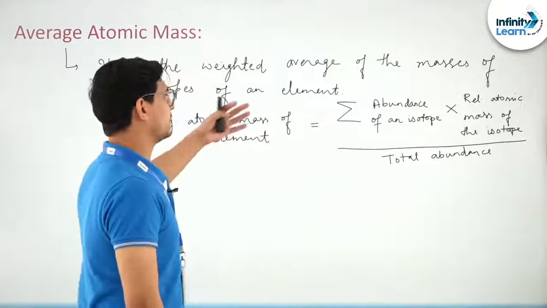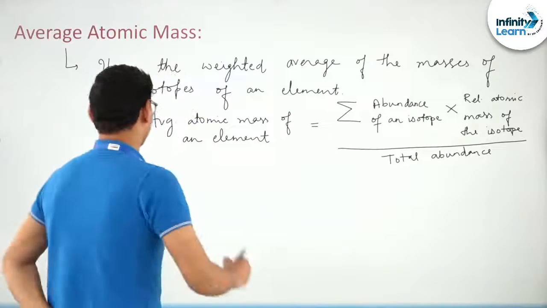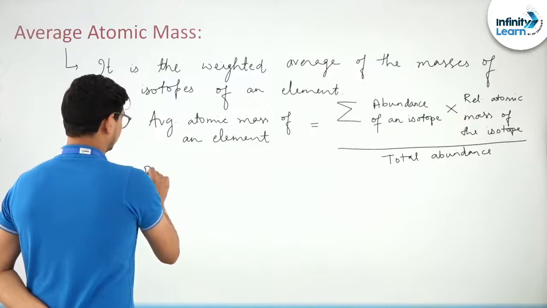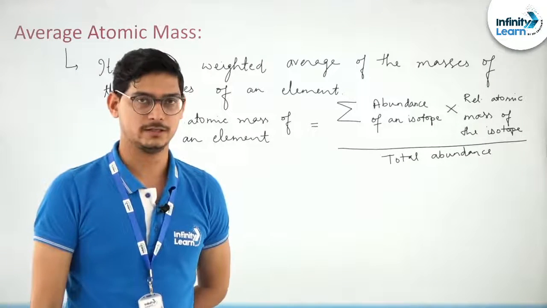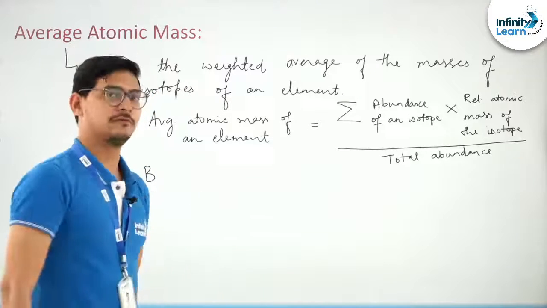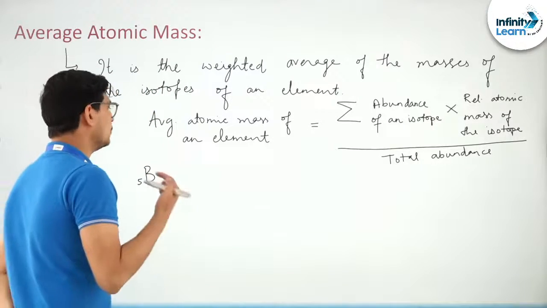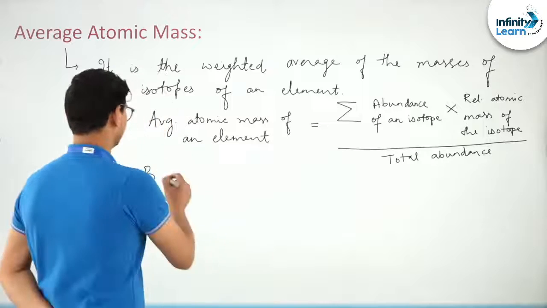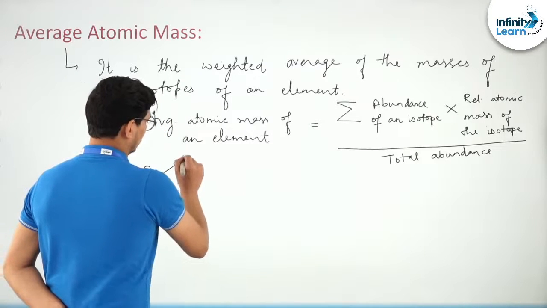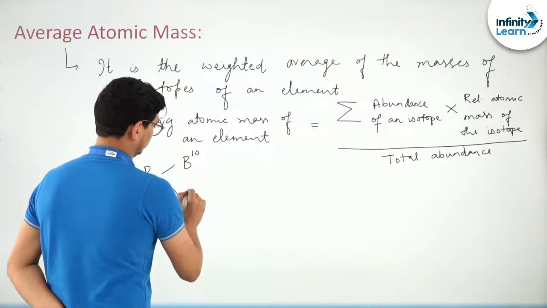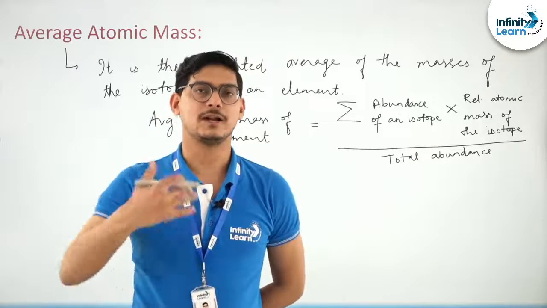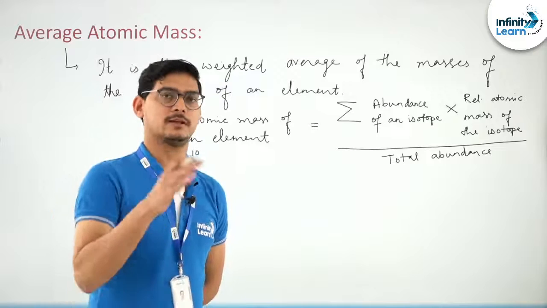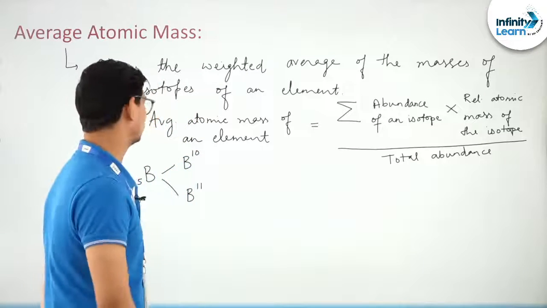Okay, to elaborate this, let me take an example. For example, boron. We all are familiar. It is a non-metal with atomic number of 5. Naturally, two isotopes of boron are found, B10 and B11. That is, one isotope has a mass number of 10 and another has a mass number of 11.